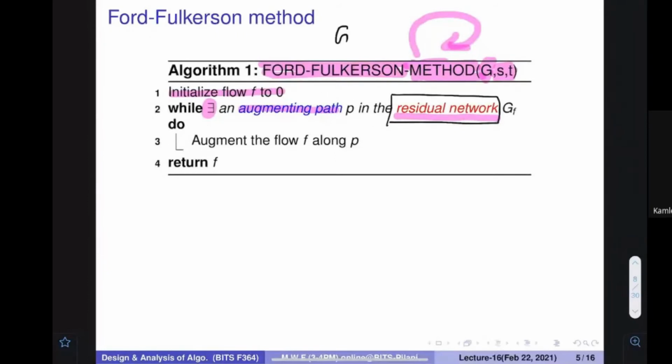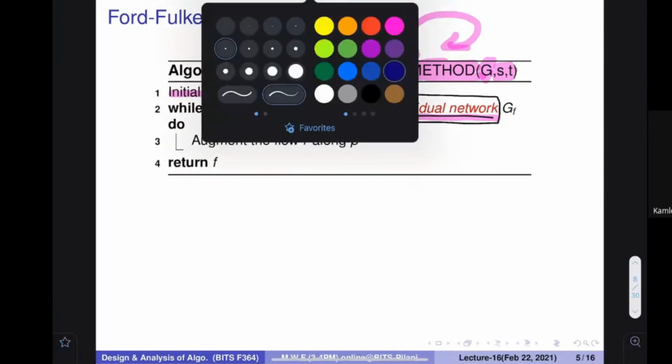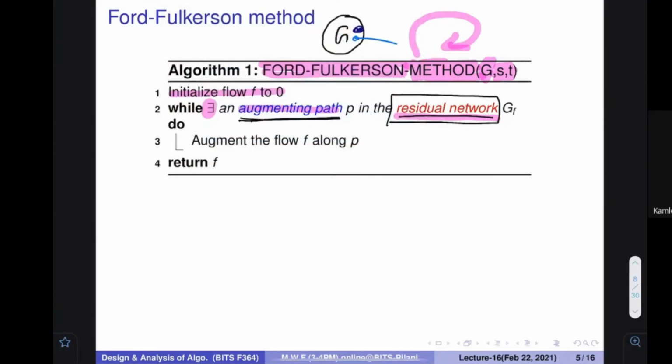Everybody, please focus. We are given a graph. I'm going to tell you that you have to find out if there is an augmenting path. What is the augmenting path? We are going to talk about this. So please catch these words. We are going to find out if there exists an augmenting path in the residual network. So ultimately, we are going to use this particular graph to make a residual network.